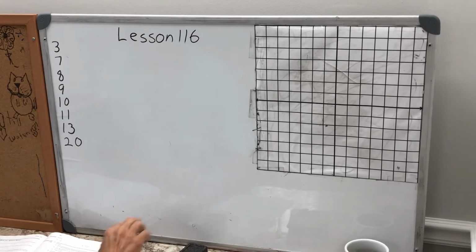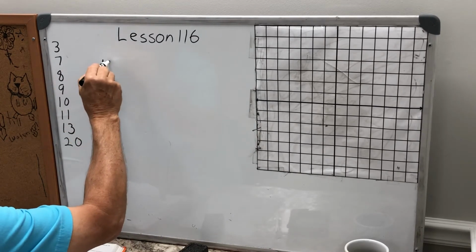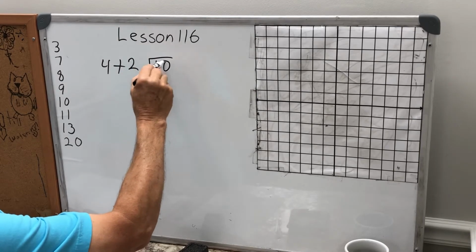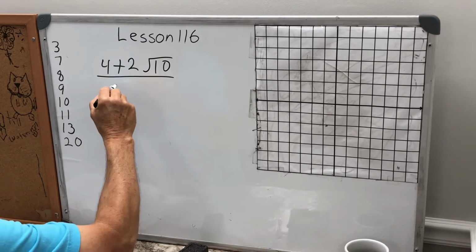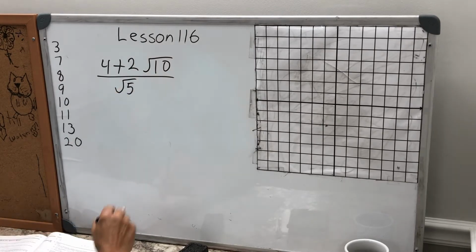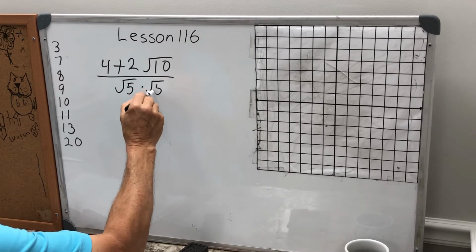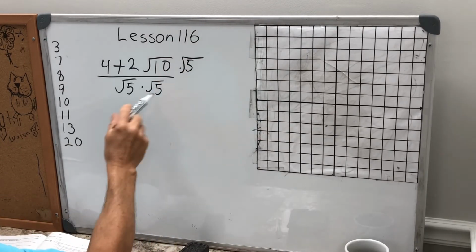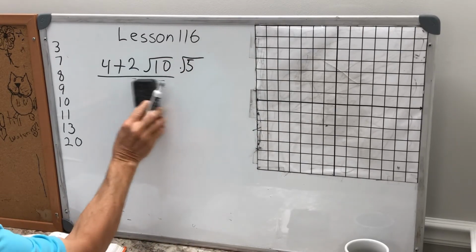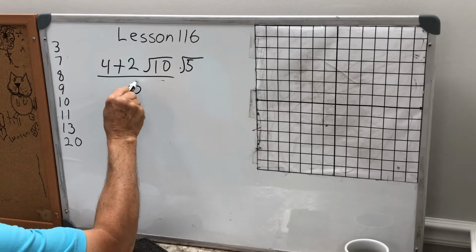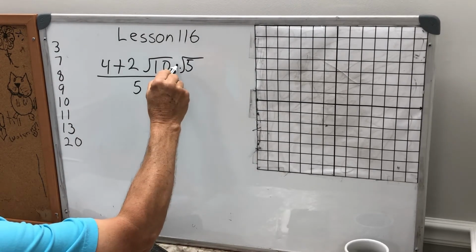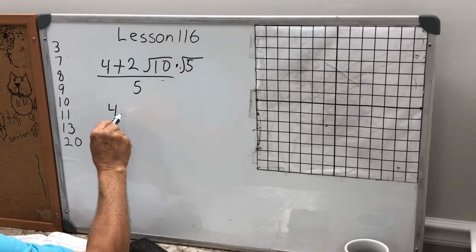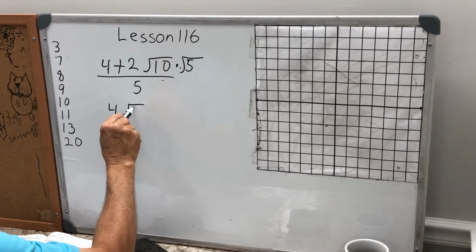Number 9. 4 plus 2 square root of 10 over the square root of 5. Multiply it times the square root of 5. Beginning to catch the idea. This simplifies the bottom to 5. But we multiply 4 times the square root of 5, which becomes 4 square root of 5.